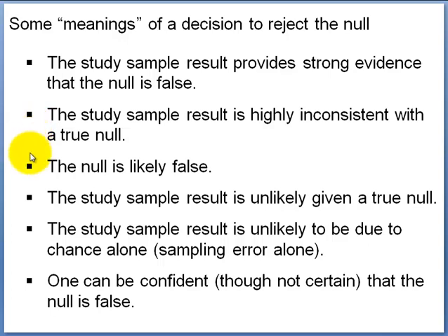A decision to reject the null conveys that the null is likely false, that the study sample result is unlikely given a true null, and similarly that the result is unlikely to be due to chance alone. So when you reject the null, you can be confident but not certain that the null is false.